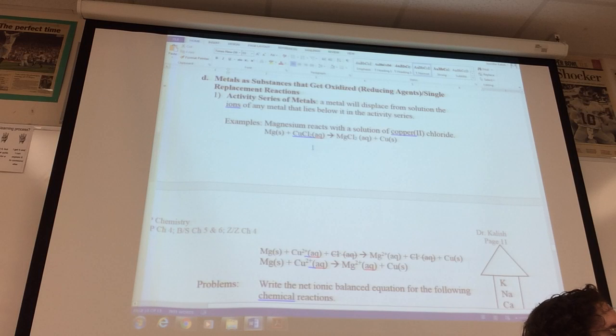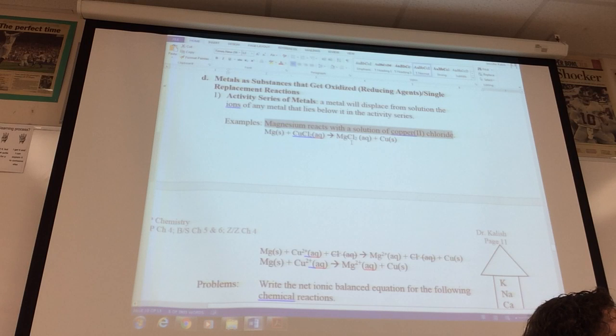So last year, what you would have seen is something like this. Magnesium reacts with a solution of copper(II) chloride. And you would be able to write this. You'd say, ooh, magnesium will bump out the copper component, generating copper and a new compound, correctly formula written.